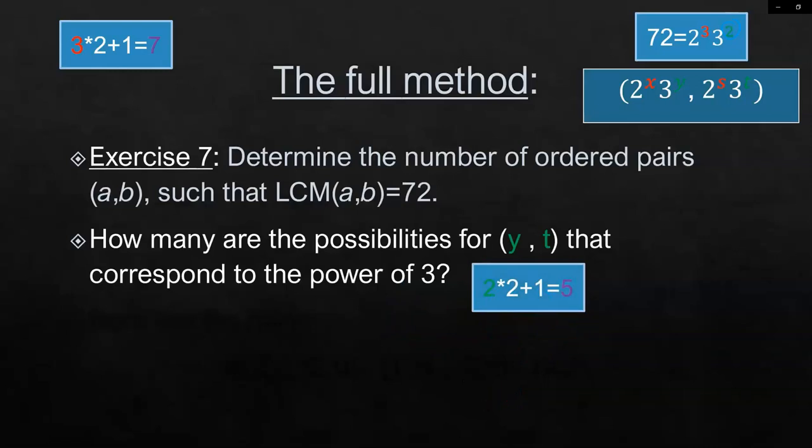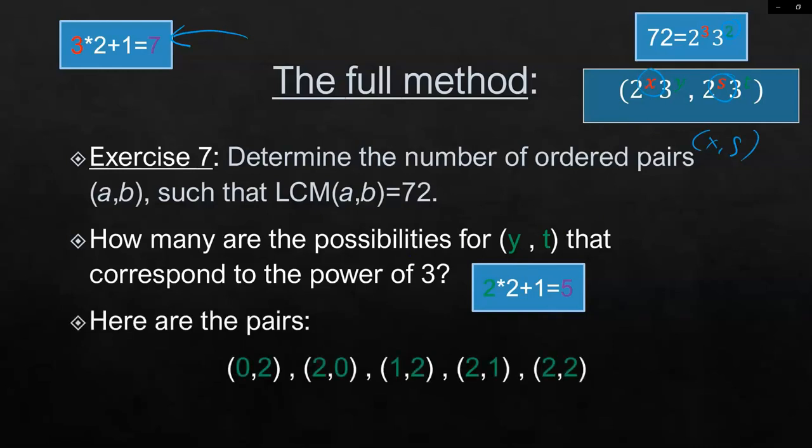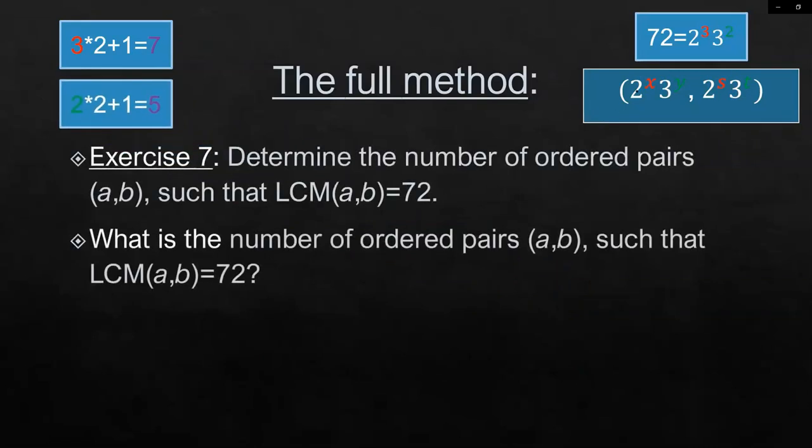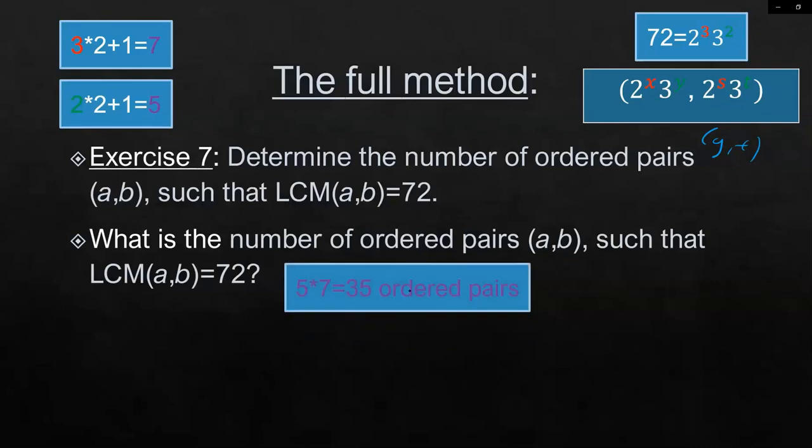So we actually have 7 cases for the exponents of the pairs x comma s, and here are the pairs. And we have five cases for those y, t pairs. So to find the number of ordered pairs, it's 5 times 7, the product of these.